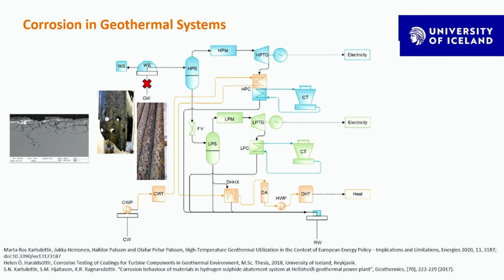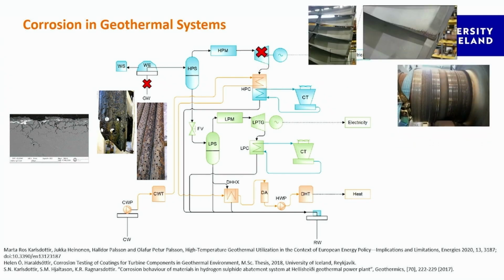And here we're seeing hydrogen embrittlement effects for acidic wells, which was actually in the Krafla area. We have also erosion corrosion effects on our rotors in our turbine units, as well as on the last stage. We have the same effect there. We can see a cleaned turbine blade.